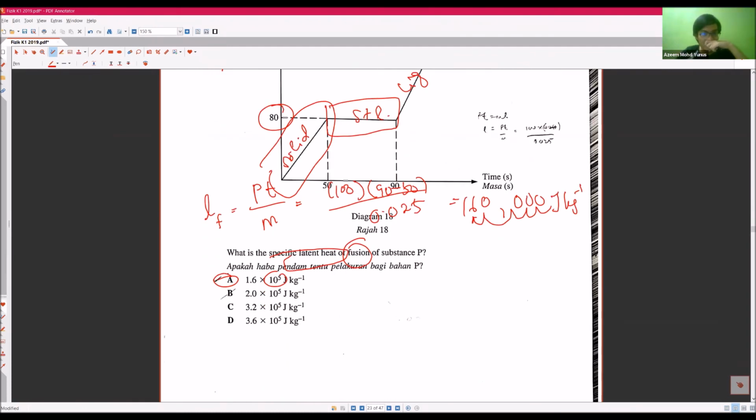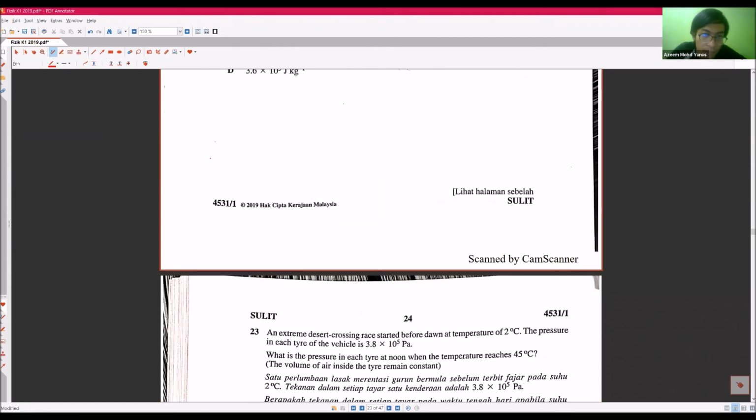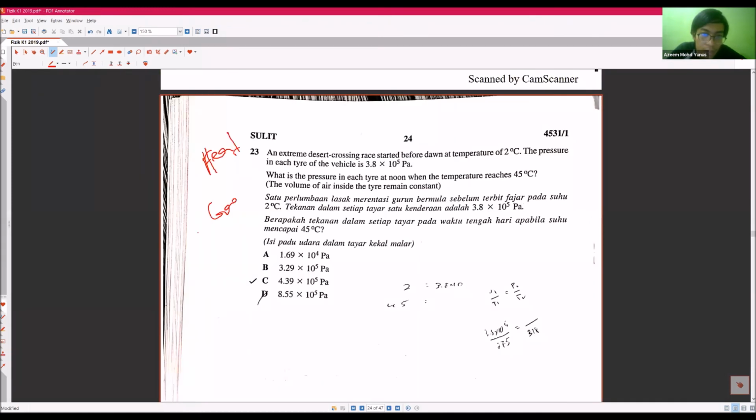Okay, next, number 23. This must be a gas law question. So which gas law? Pressure law. If we remember back our triangle here, pasti boleh cemerlang, right?